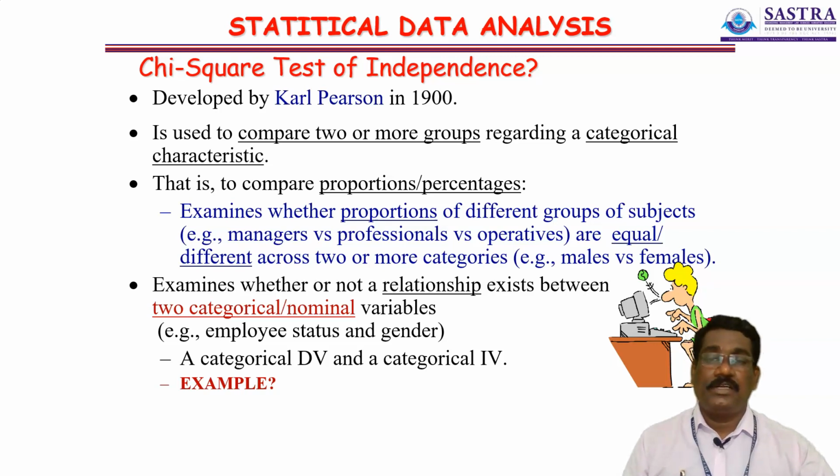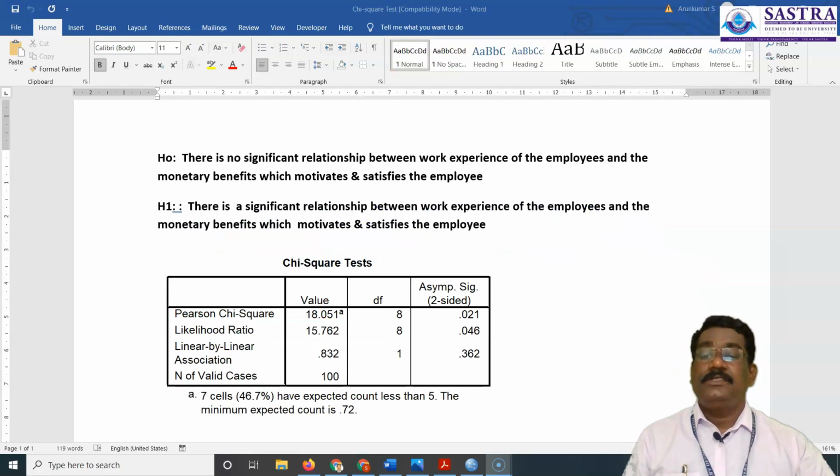Let me demonstrate with a case example. Let us take this real-time example. The null hypothesis here is that there is no significant relationship between the work experience of the employee and the monetary benefits which motivate and satisfy the employee.